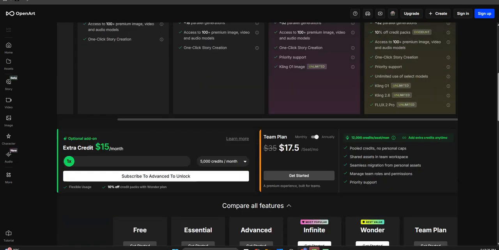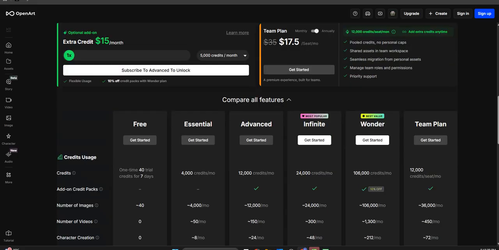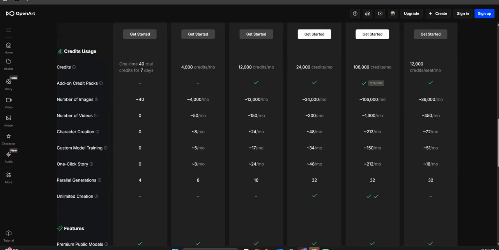For sure. But despite those challenges, the source review did identify a few specific audiences who still get real value from OpenArt AI. Okay, so who is this platform actually best suited for? The review suggests it's for people focused on speed and variety, especially with templates. So social media creators, for instance, can use the templates to rapidly generate a ton of content variations. That makes sense. And what about for education?